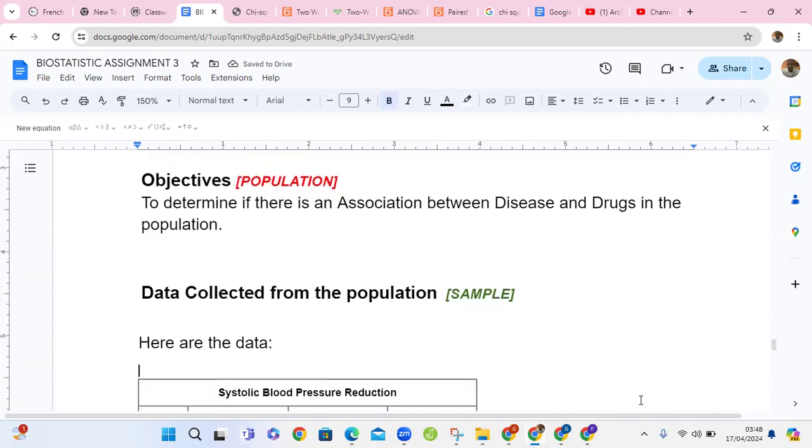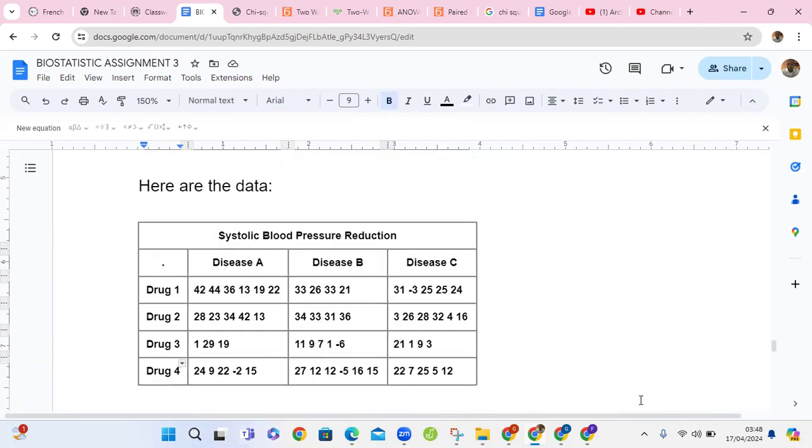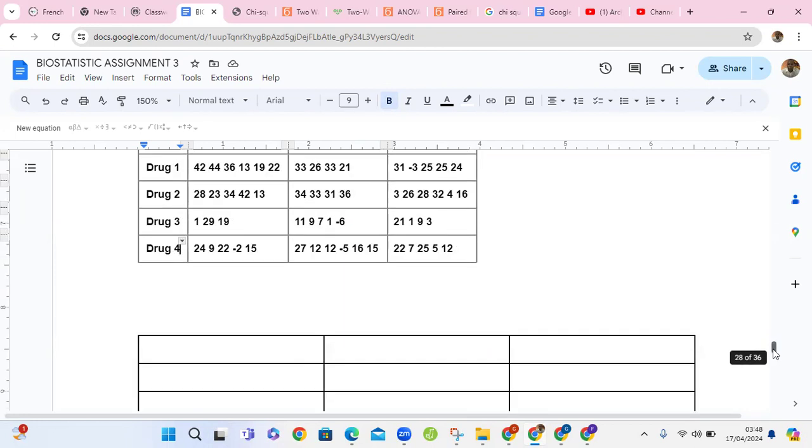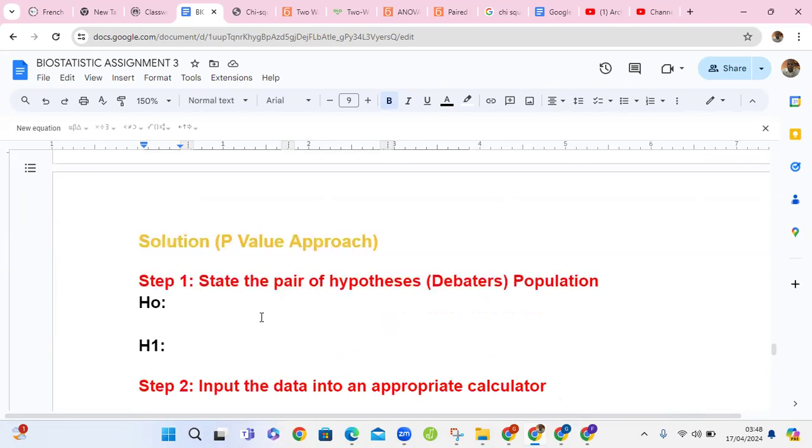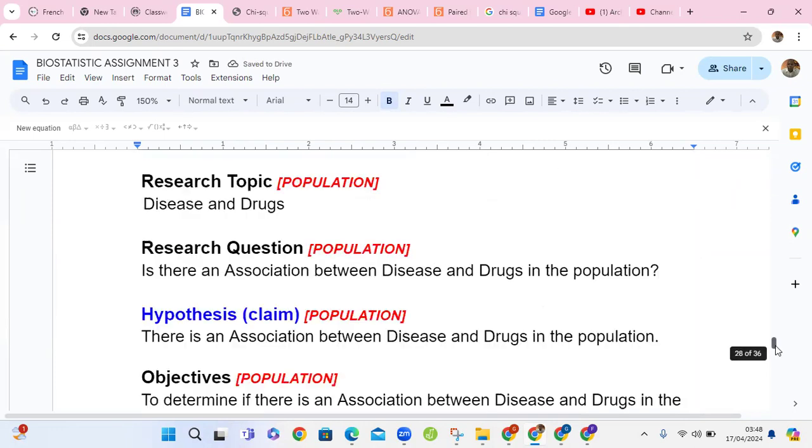Here we are using the sample that we used in the two-way ANOVA to determine whether or not there is an association between disease and drugs. Basically you have to input this data in the online calculator, but before we do so, let's go through our steps. Step number one is to state the null hypothesis. The null hypothesis will always be saying that there is no association, whereas the alternative hypothesis, which is the claim in this case, will be saying that there is an association.